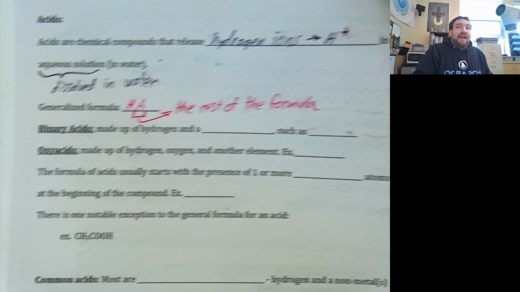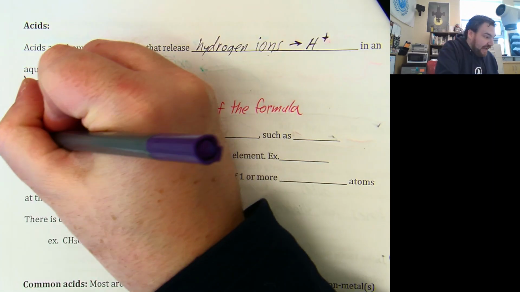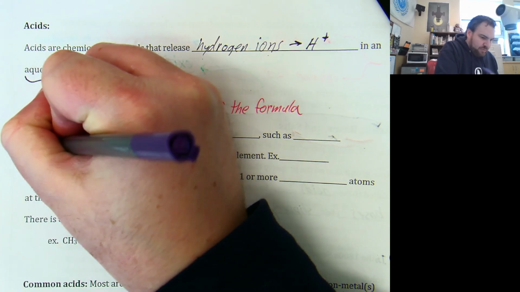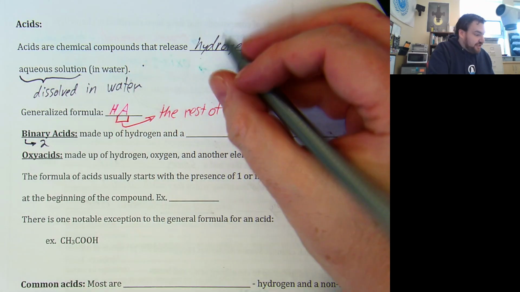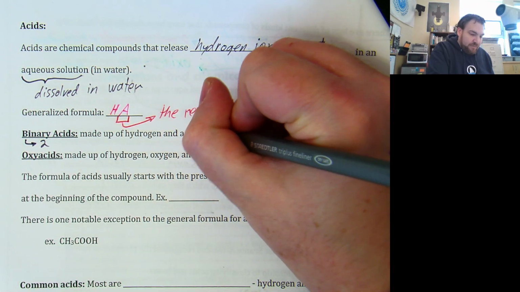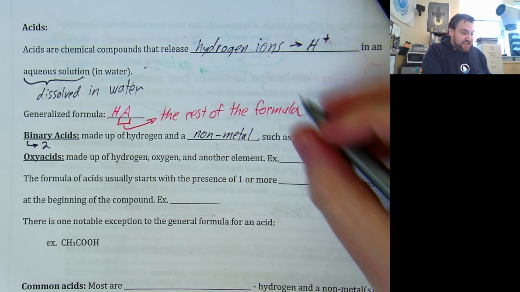So there are binary acids. What does the word binary mean? It means two. A binary acid is made up of two elements, hydrogen and a nonmetal, such as chlorine.